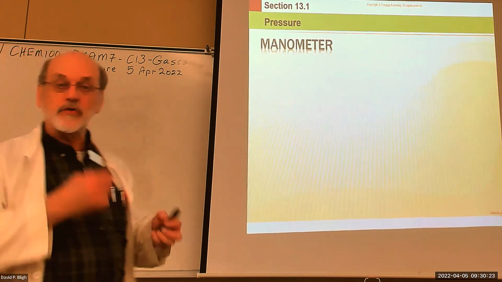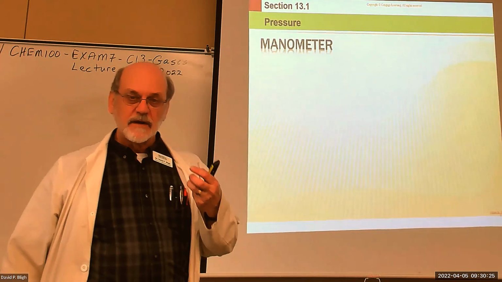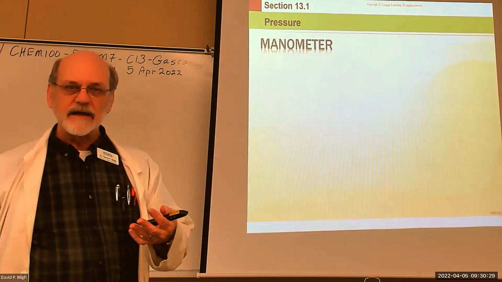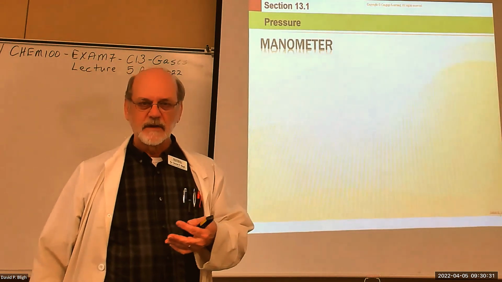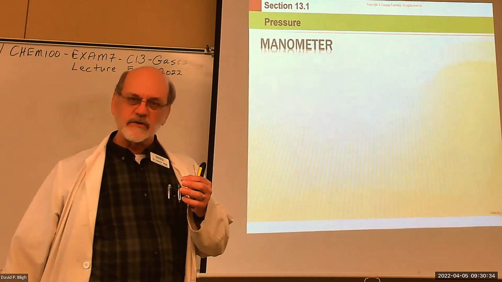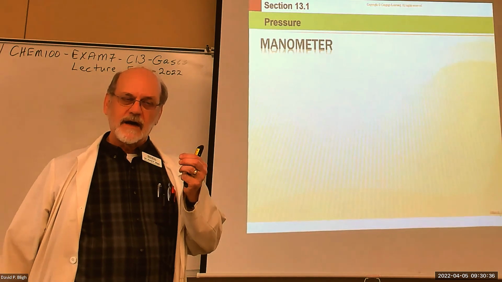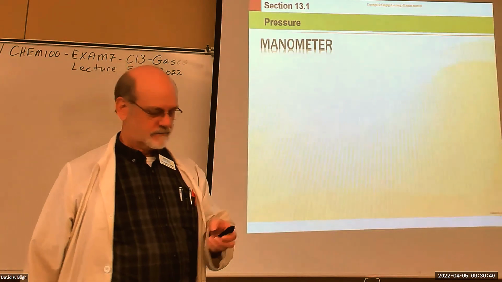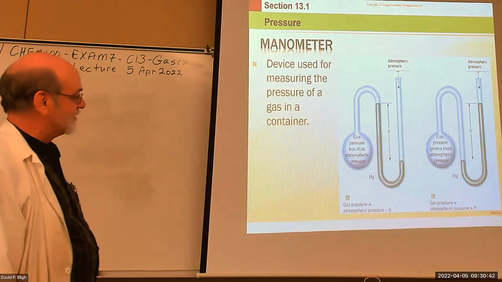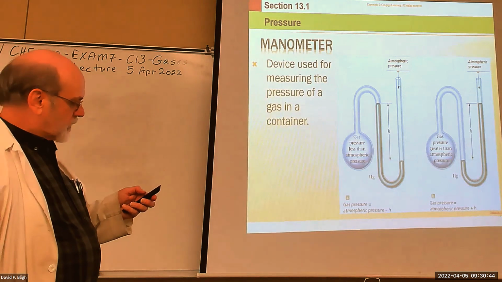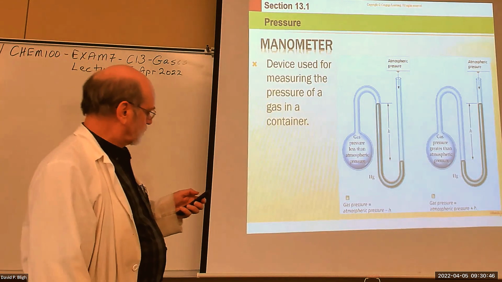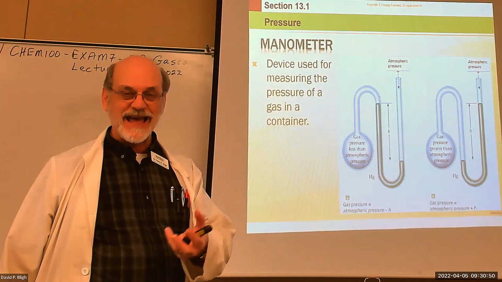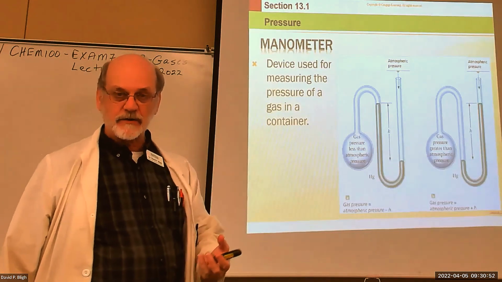Okay, another use of this technology, and this is relative to gas pressure, is the manometer. The manometer is a barometer that is connected to a closed vessel. So if we want to measure the pressure of a confined gas, we need a manometer.